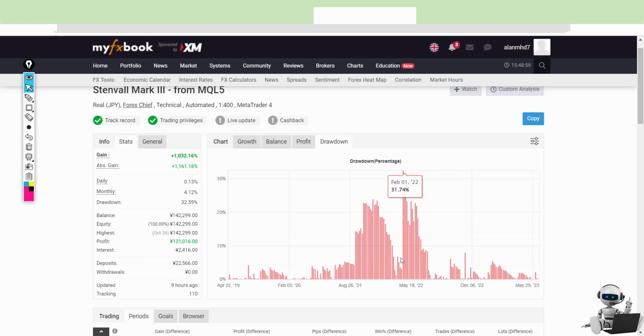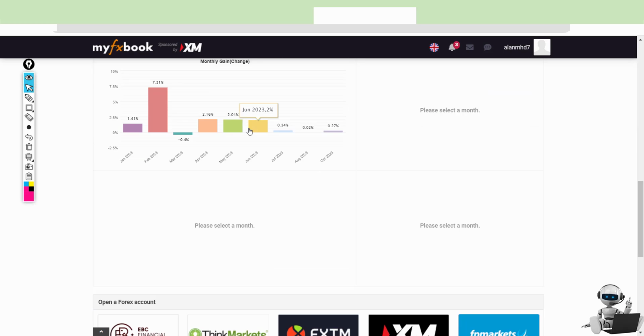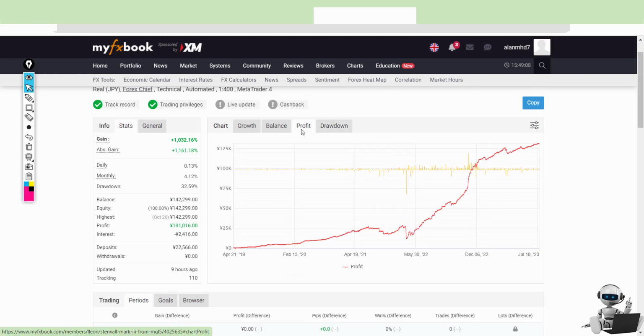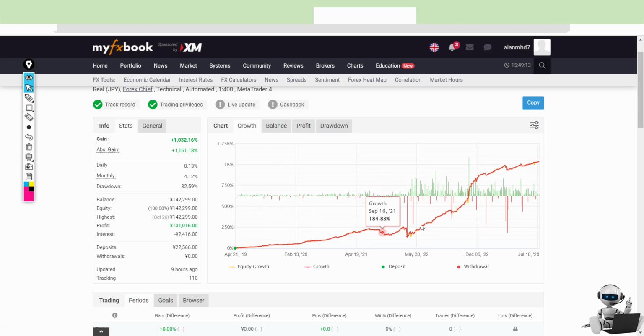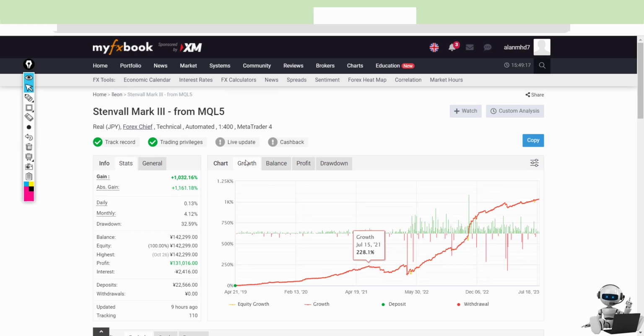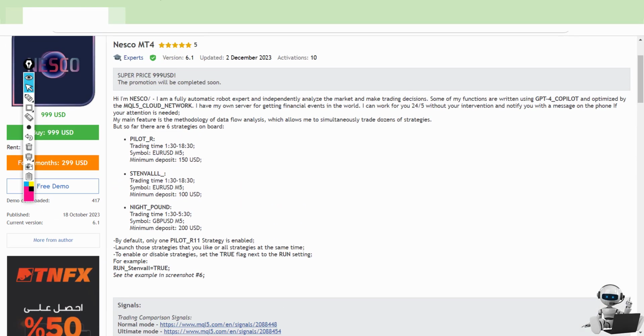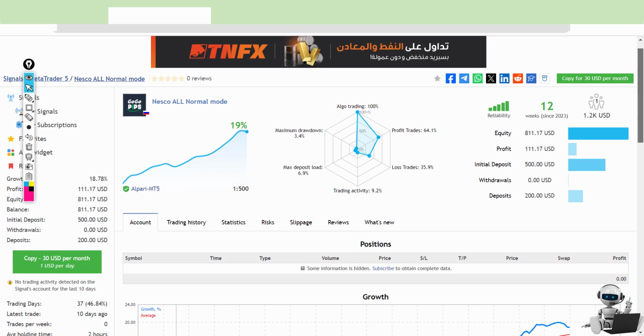Only in 2022 he had some peak drawdown, but that means he also increased the risk to make 20%. So the profit is impressive for this EA. That means we have more than 3 years, which is very impressive, to be honest. He is reliable.